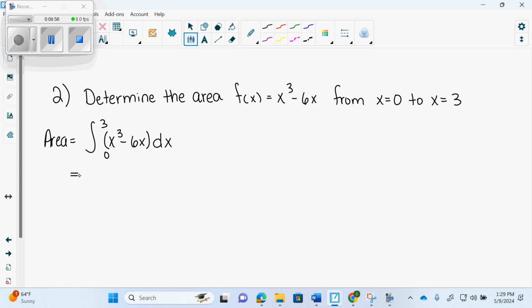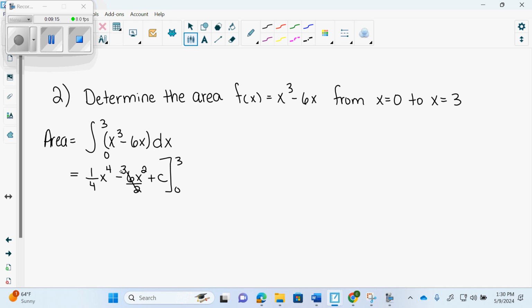All right. Let's do the antiderivative. What's the antiderivative of x cubed? 1/4 x to the 4 minus 6x squared divided by 2 plus c, from 0 to 3.